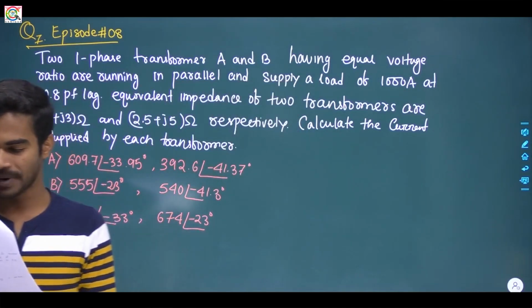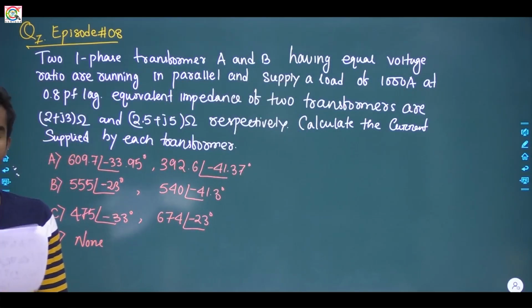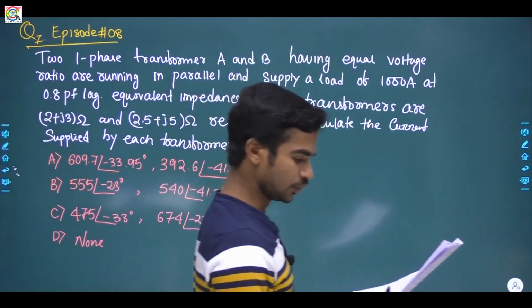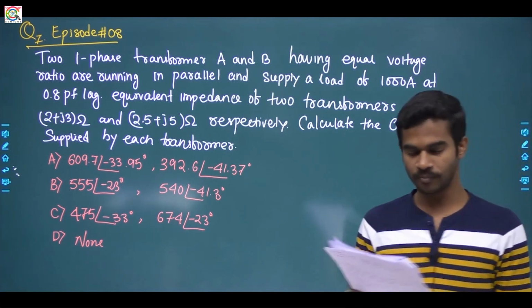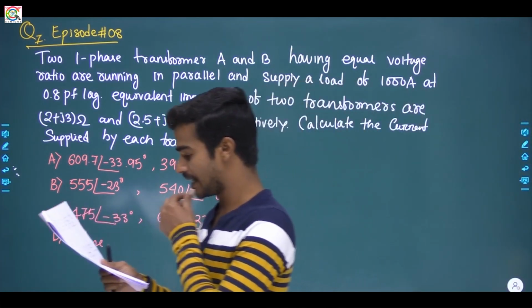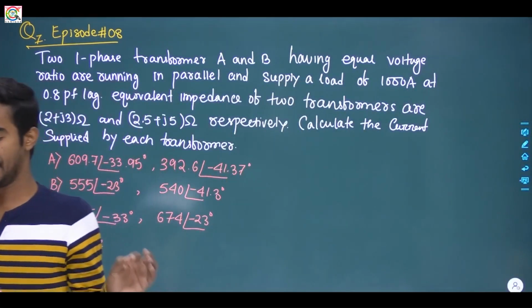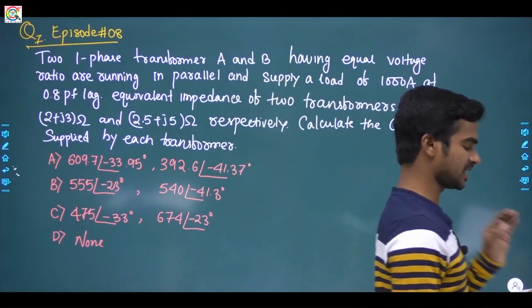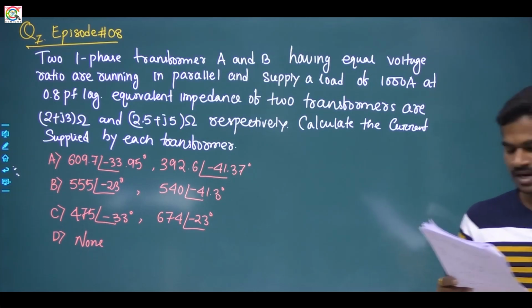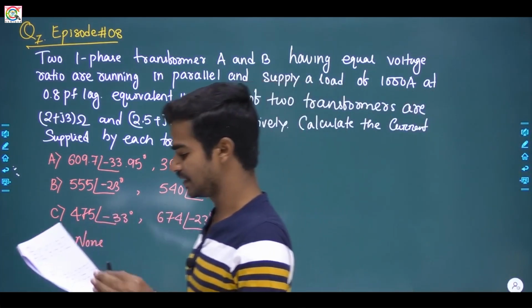The equivalent impedances of the transformers are given in absolute quantities, that is 2 plus j3 ohm and 2.5 plus j5 ohm respectively. Calculate the current supplied by each transformer.